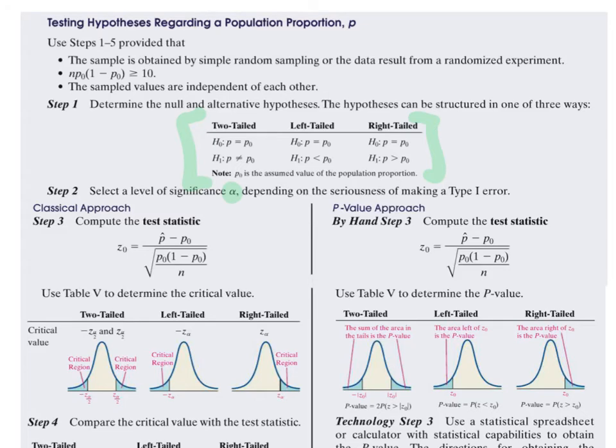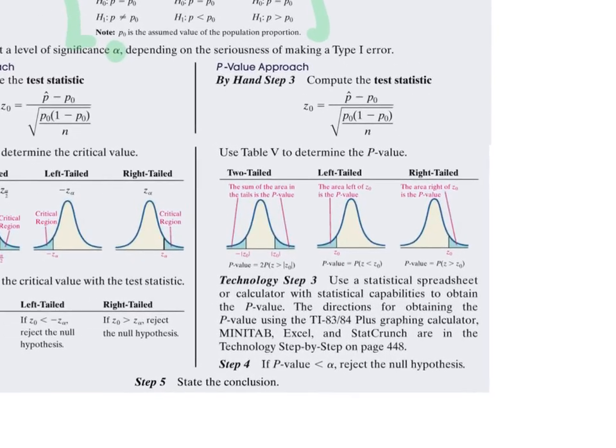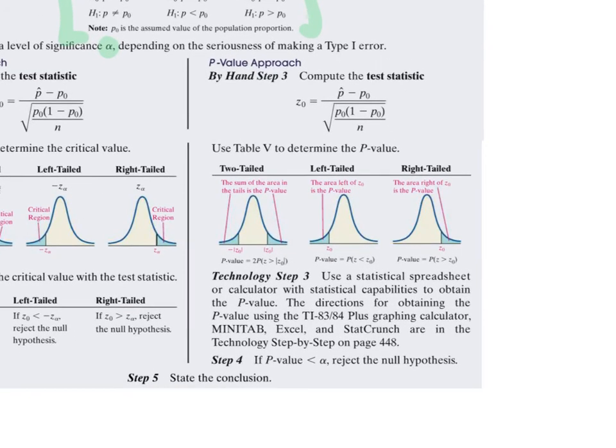Okay, but if I zip over here to the p-value approach, what is different? Now, in these steps, it does mention the test statistic. However, that is not needed to answer this question because we're using technology.